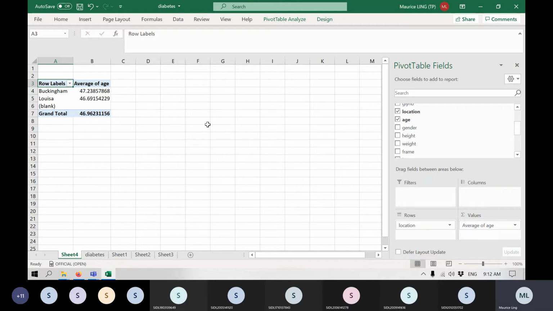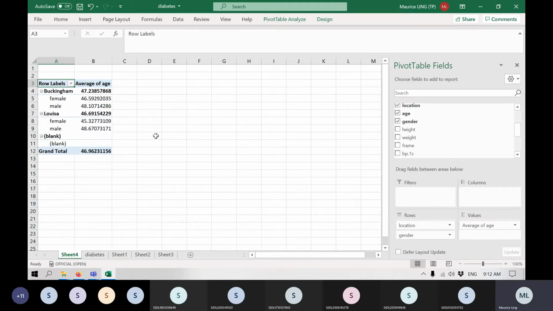So it gives me summary statistics as I want it. Remember Buckingham and Louisa, I have gender. I can even go Buckingham male, female, Louisa male, female. I just take the gender, pull down to another row. So now I have Buckingham, average age for female, average age for male, and so on.